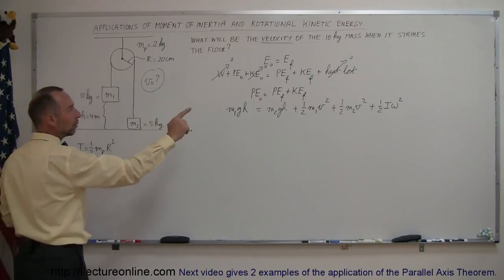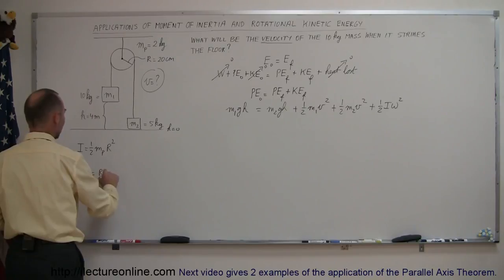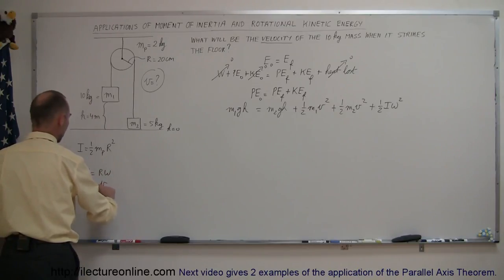And then relating omega to velocity, we know that the tangential velocity along the pulley will be equal to r times omega, or omega will be equal to v over r.